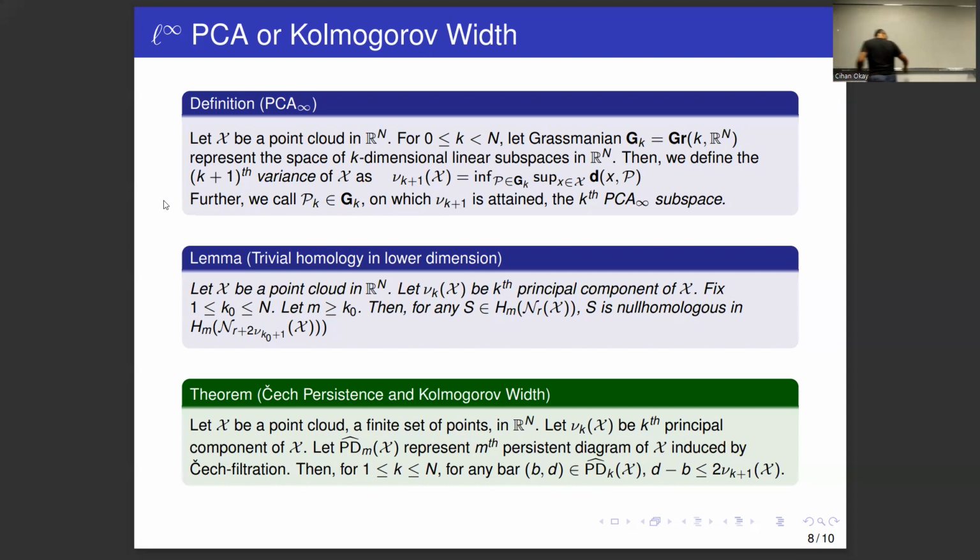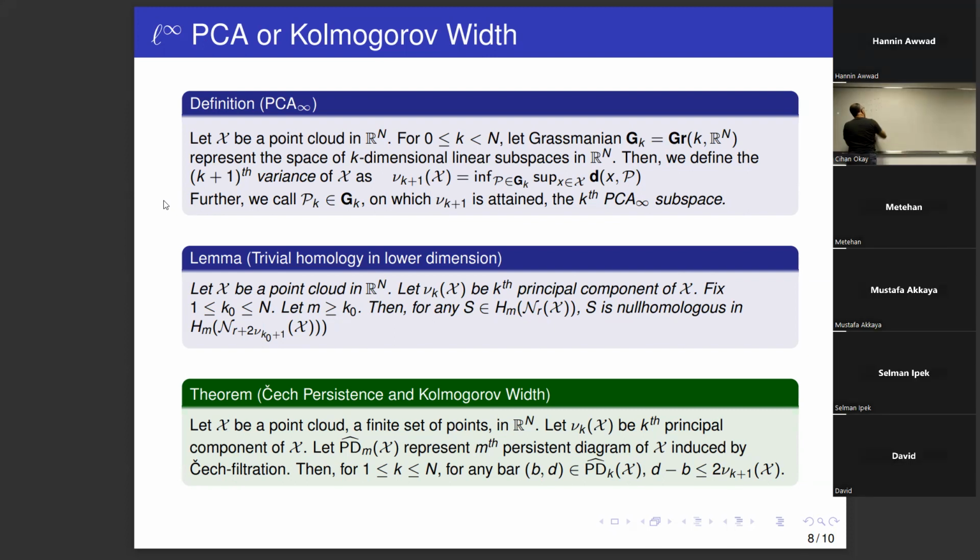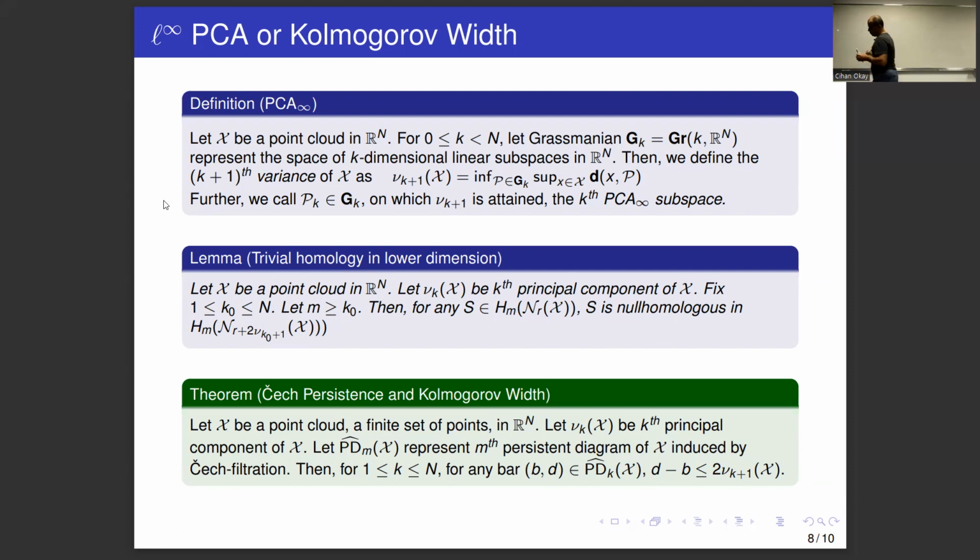For example, you have a point cloud like this, and the best ellipsoid fitting it, minimizing the L2 distances, is going to be your original PCA, principal component analysis, with L2 distances.